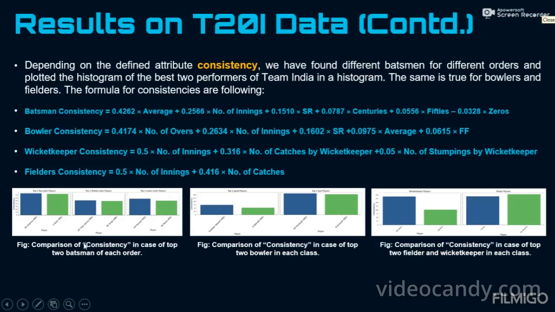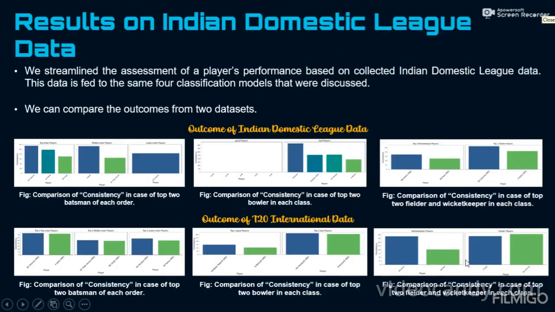We see comparison plots for the top two batsmen, top two bowlers, and top two fielders and wicketkeepers in each class. Next, we take the Indian Domestic League. To validate our approach, we applied the same model to this particular data.